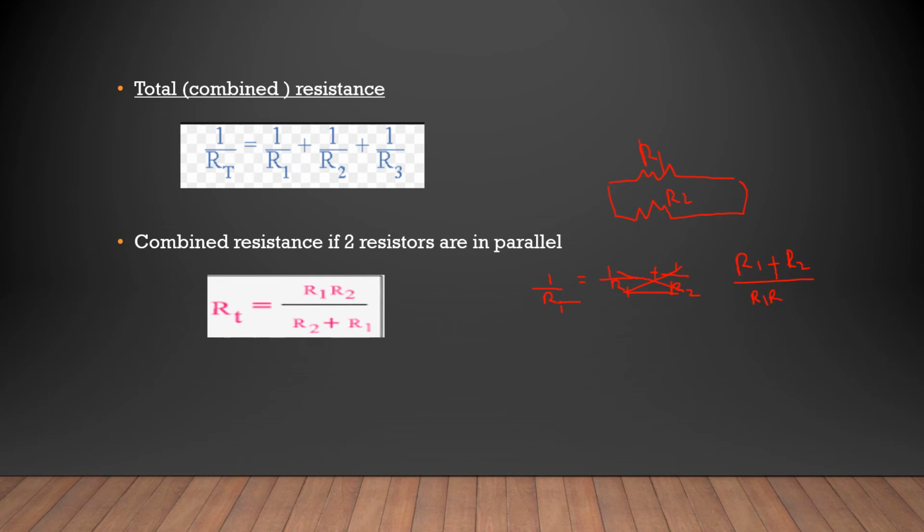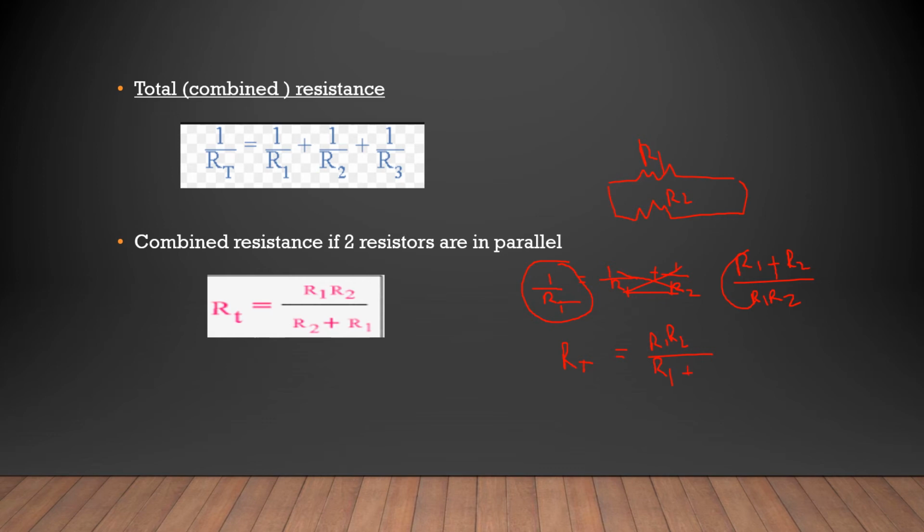What is this? This is 1 divided by RT. Here we calculated 1 divided by RT. So what is RT, the total resistance? Just take the reciprocal of this, and we get R1 R2 divided by R1 plus R2.